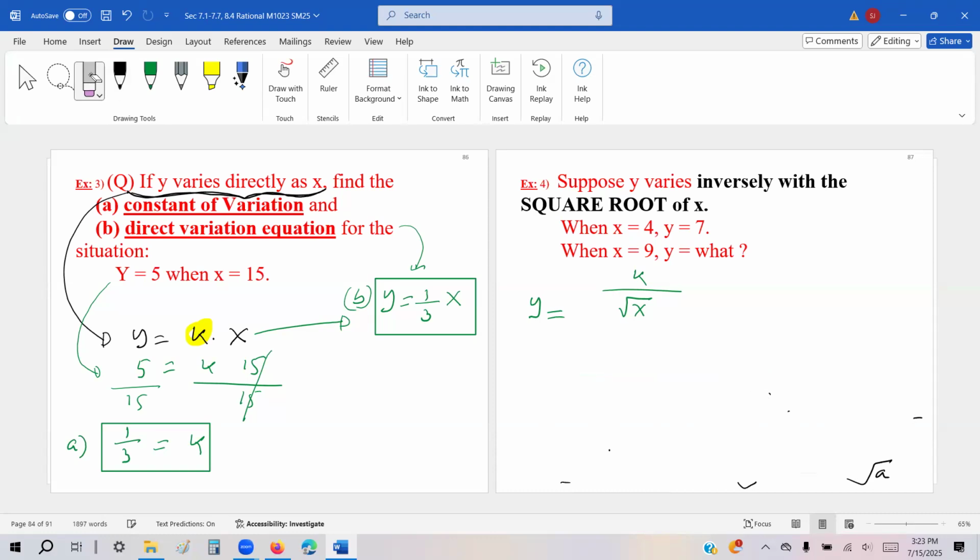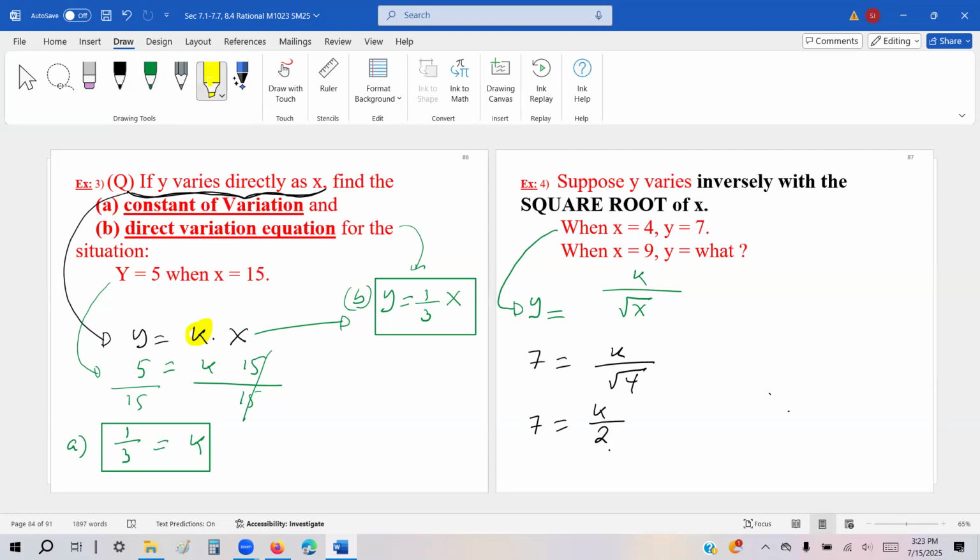Okay, so once we know the equation, the first sentence tells us to solve for K. This piece of information is given so that we can solve for K. Okay? So we have y equals 7 when square root of x is 4. So 7 equals K over square root of 4, which is 2.